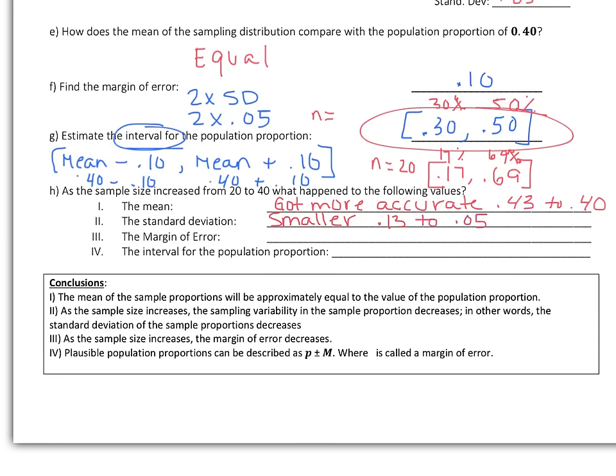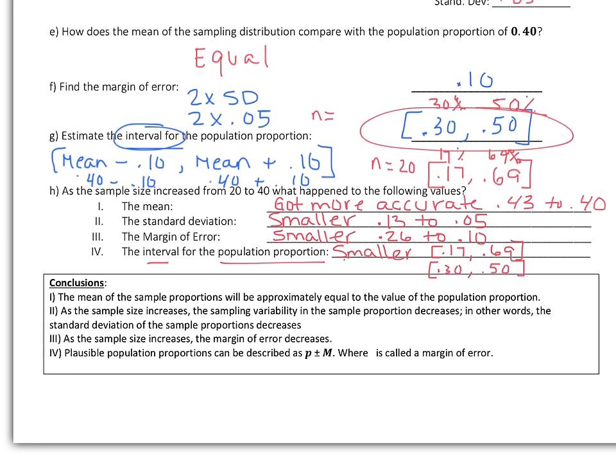It got significantly smaller. The margin of error went from 0.26 to 0.10. So the margin of error got smaller too. And what happened to the population proportion interval? The interval got smaller as well. It got more and more accurate. It went from 0.17 to 0.69, so 17% to 69%, to 30% to 50%.